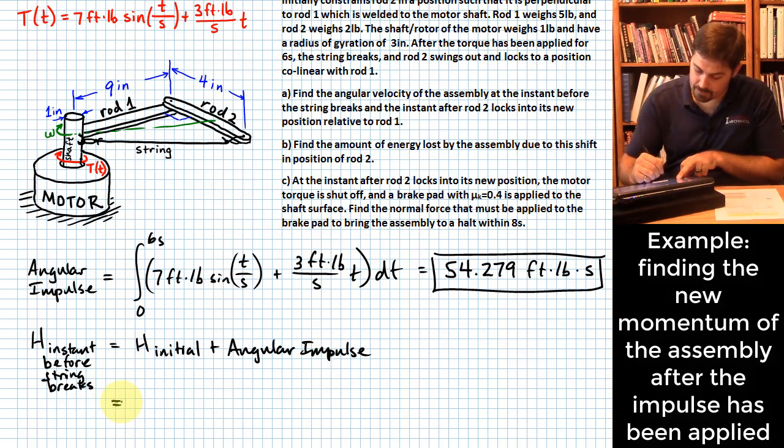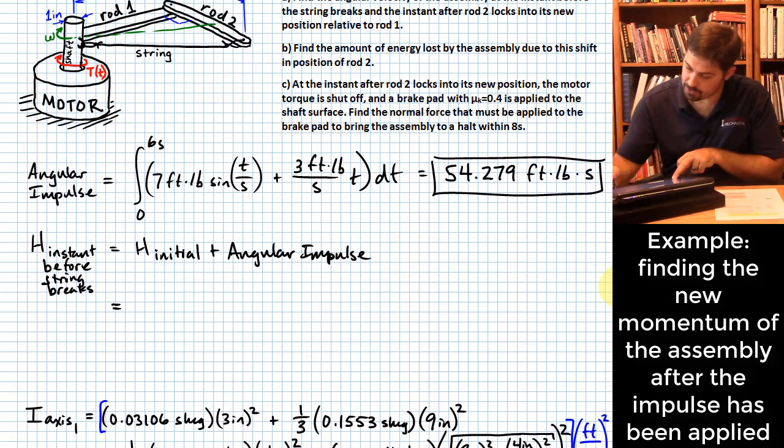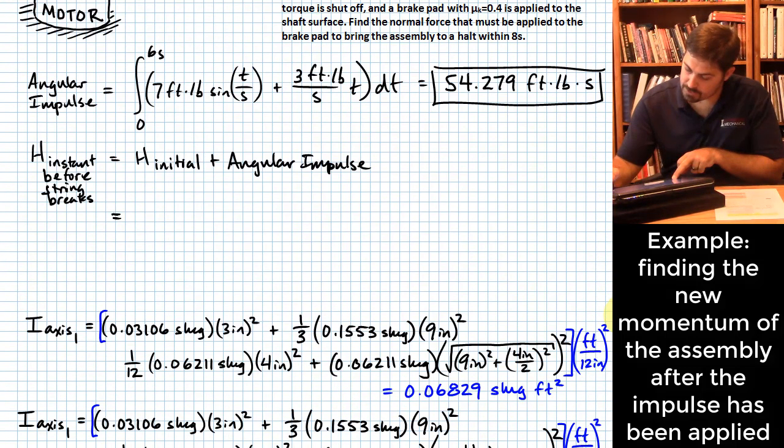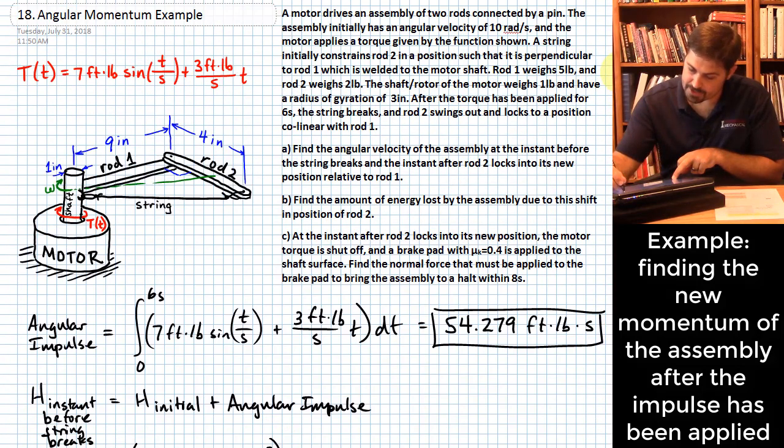So this is going to be equal to the I that I have about my axis there, which was 0.06829 slug feet squared, times that initial angular velocity that I started out with, which was 10 radians per second.